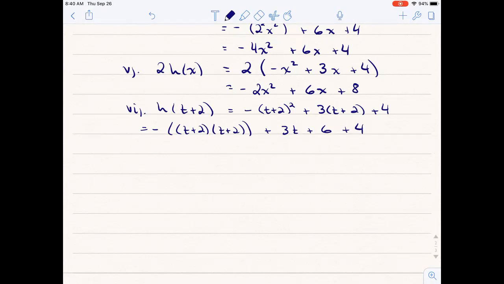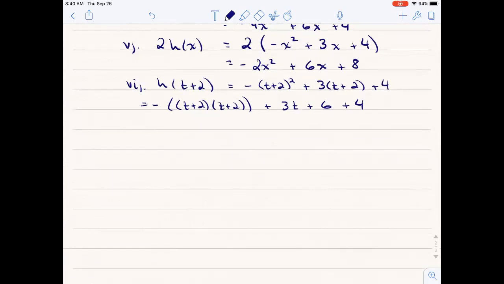So now the work is just going to be expanding t plus 2 squared, which is the negative of t squared plus 2t plus 2t plus 2 times 2 is 4, plus 3t plus 6, oh, I guess I could just write 10.